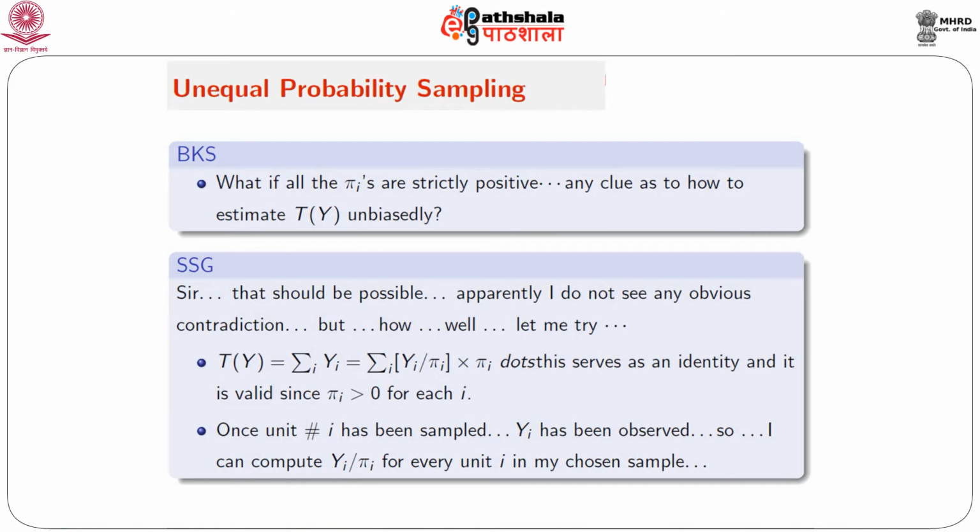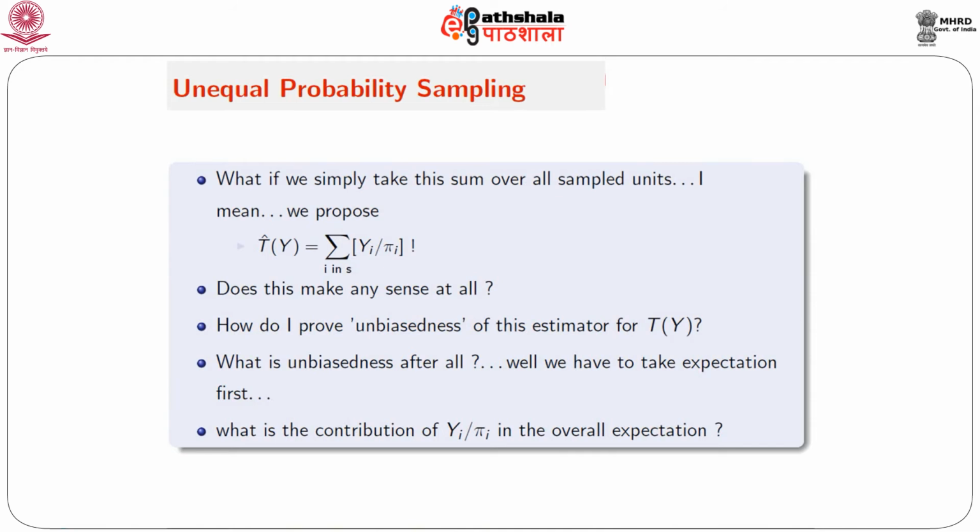Once unit number i has been sampled, yi has been observed. So I can compute yi over pi i for every unit i in my chosen sample. What if we simply take the sum over all sampled units? I mean, we propose T hat of y as the sum over i in s of yi divided by pi i. Does this make any sense at all?